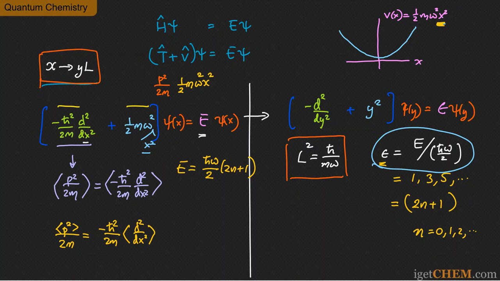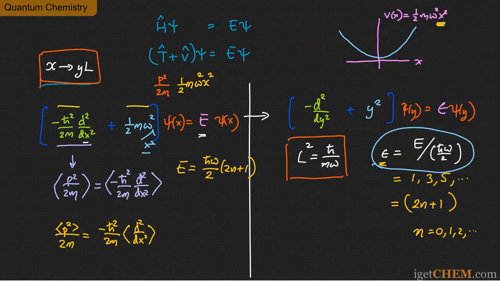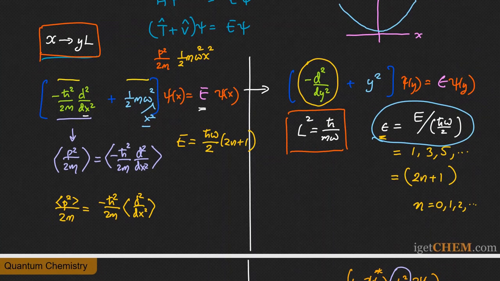But now in the scaled equation, that becomes fairly simple, because the only thing I have in this case is just that. So if I write the momentum in terms of y instead of x, this will just come out to be the expectation value of d squared dy squared with a minus sign.